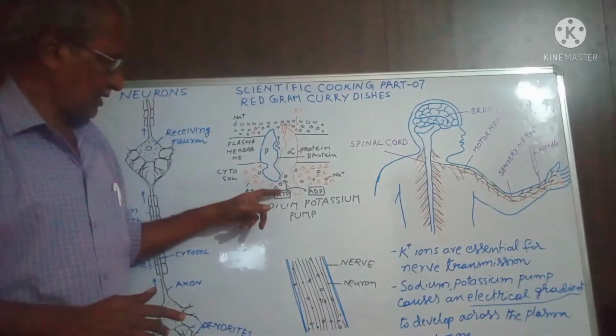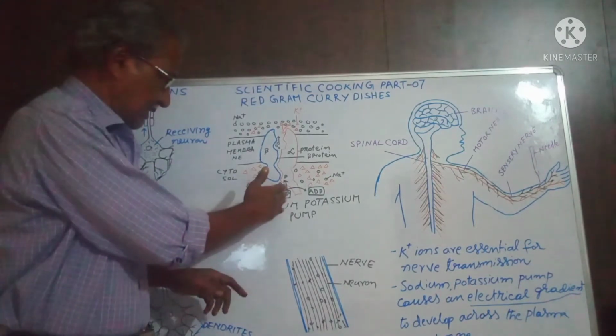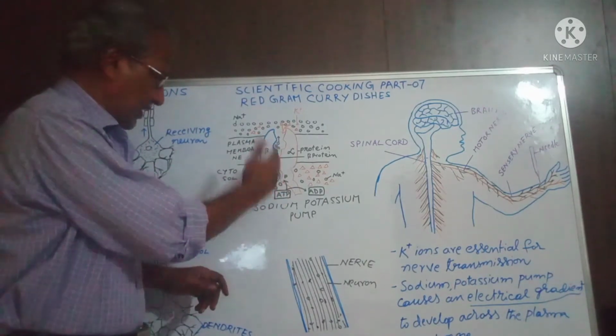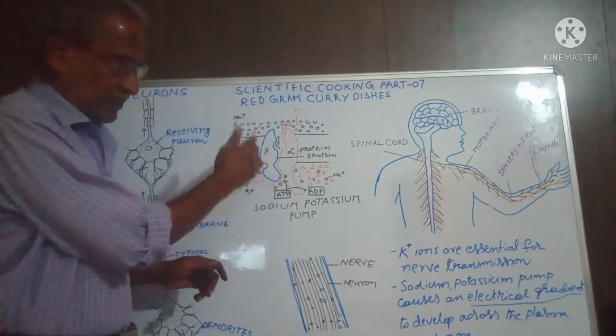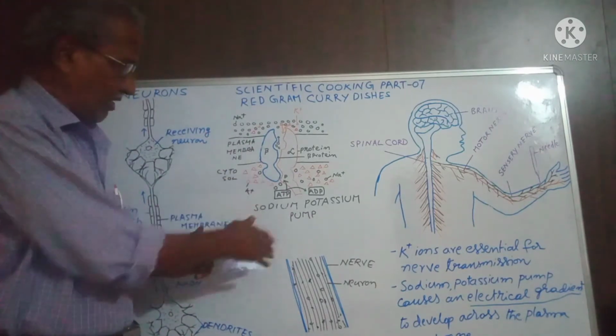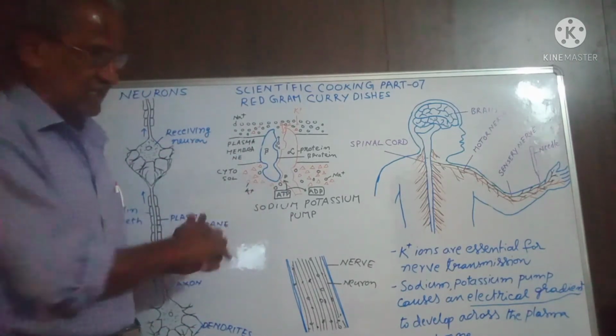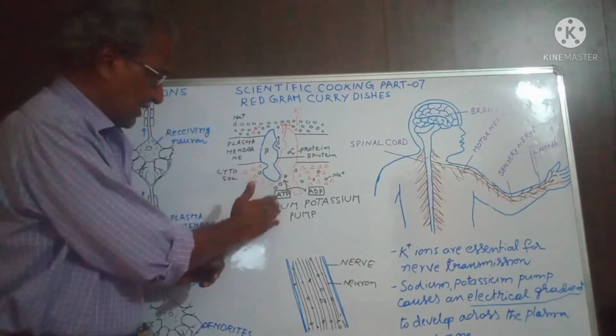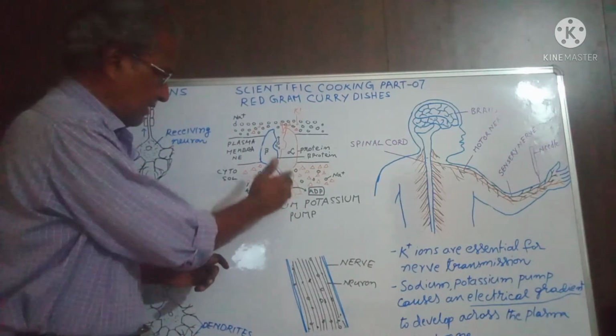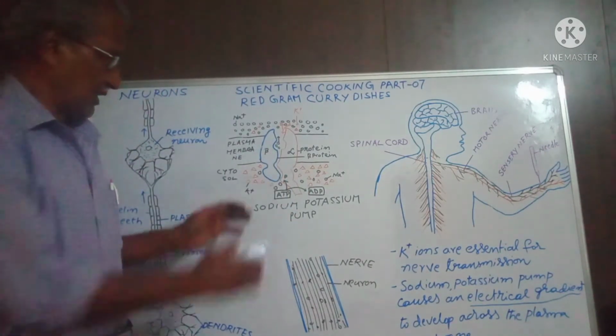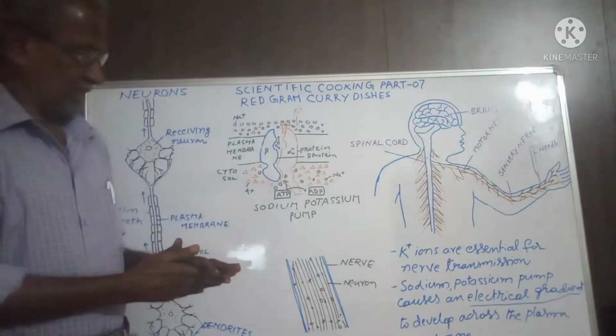ATP molecules are hydrolyzed by ATPase enzyme into ADP and phosphorus. Their energy is released.